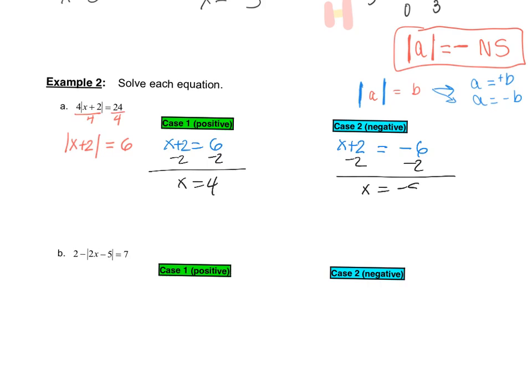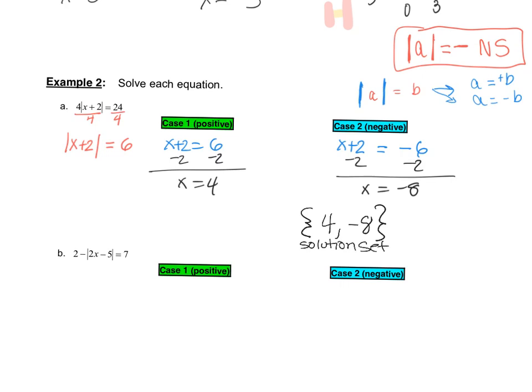X could equal -8. So the way that we would write our answer would be that the solution set for this is, that means the answers, and we use braces instead of parentheses, 4 and -8. This here is what we refer to as the solution set.